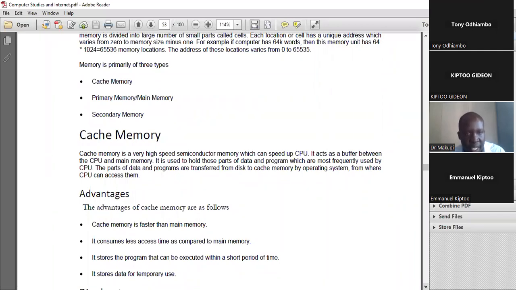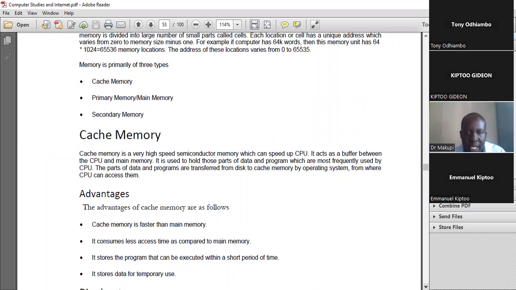And I said this cache memory is between the main memory and the CPU. At any given time, all those parts of data and programs that are needed to be accessed by the CPU are actually stored in the disk.